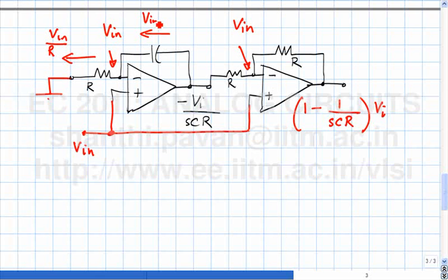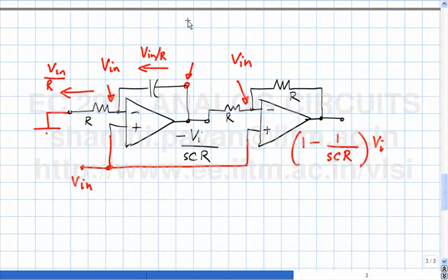This is also Vn by R. What is this voltage? It is Vn plus Vn by SCR. So what is this current now? Vn by SCR square. Okay. What is this current? Vn by SCR square. And when I copied, I forgot to put in this resistor here.